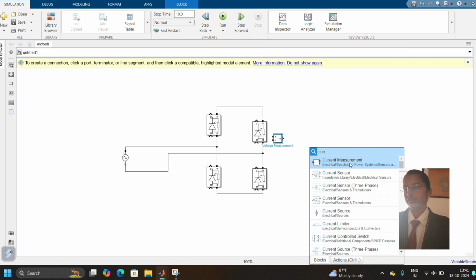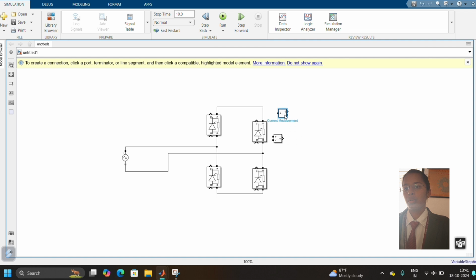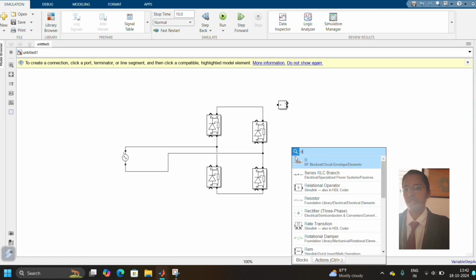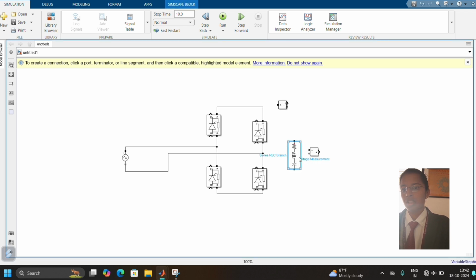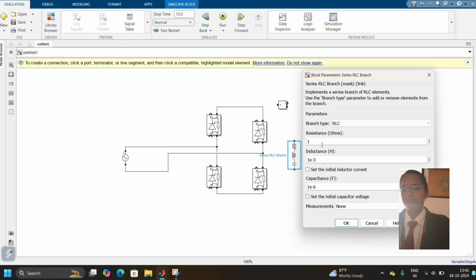Then take a voltage measurement. Then take a current measurement. Then take the RLC series branch. Rotate this branch.